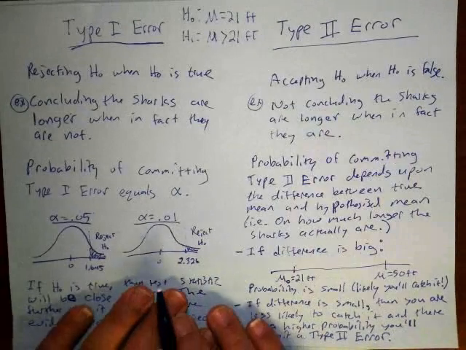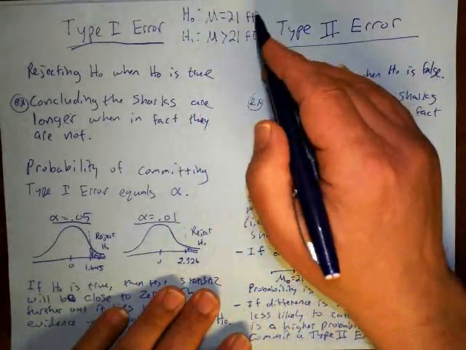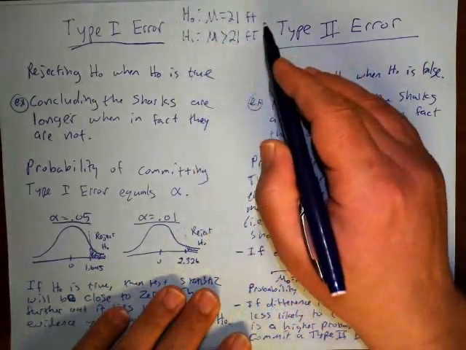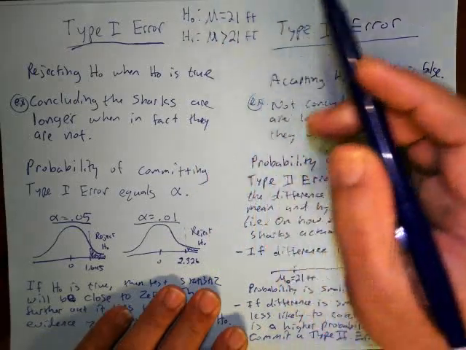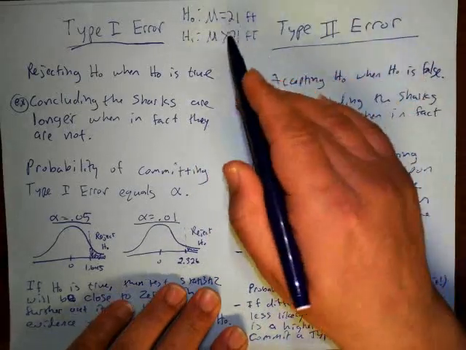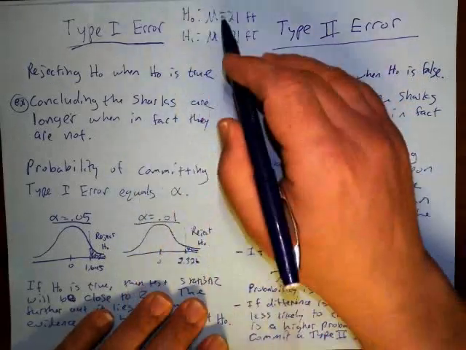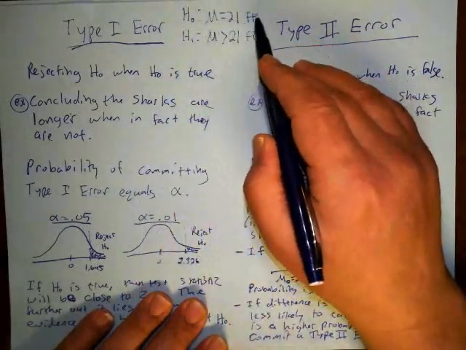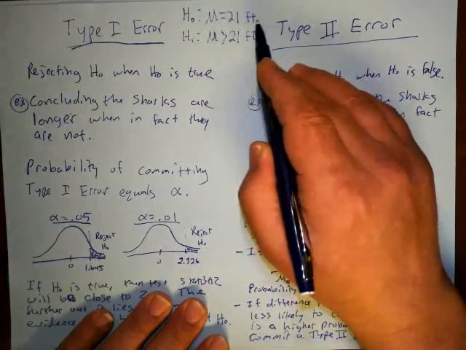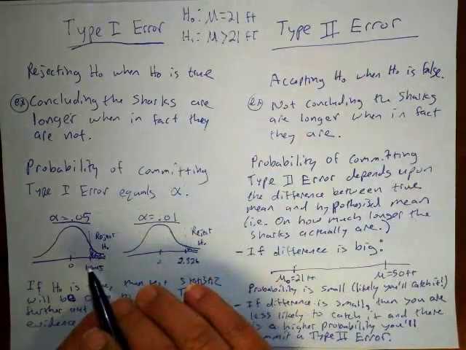Okay, so let's look at what this means in terms of the shark example from the last video. What we were testing is if the sharks off the coast of Bermuda were longer than the average great white shark. The average great white shark was 21 feet.